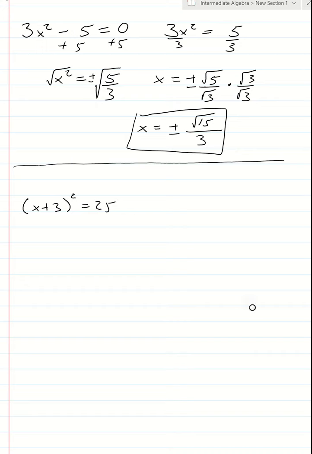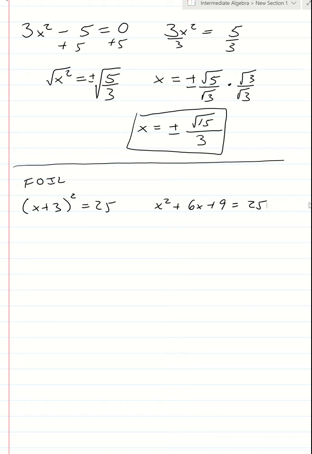have to do is FOIL the left side, in which case that would give us x squared plus 6x plus 9 equals 25. Now that we've FOILed the left side, remember, in order for us to solve a quadratic, one side of the equation always has to equal 0.